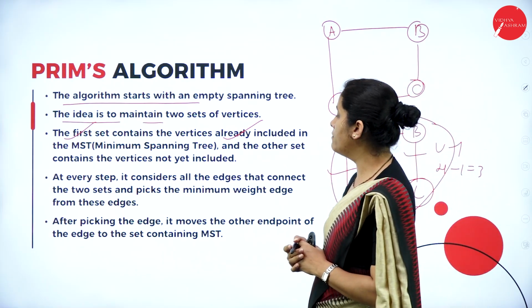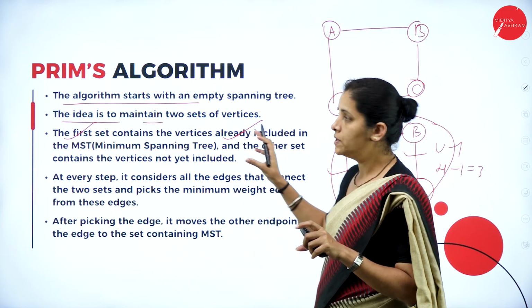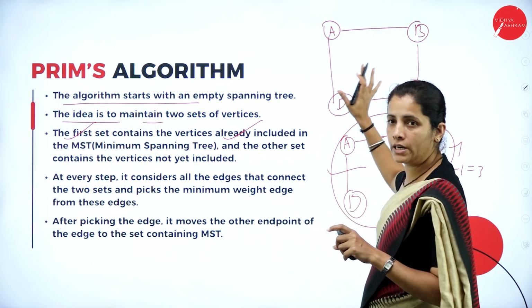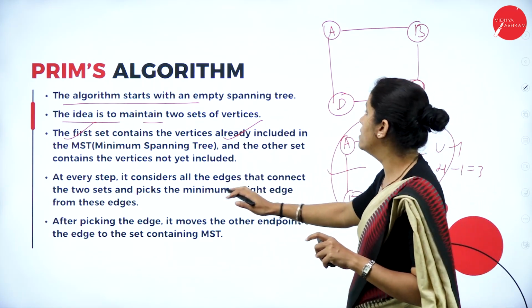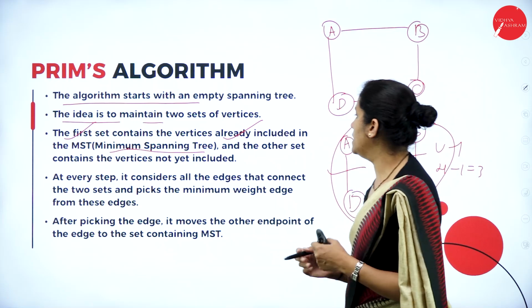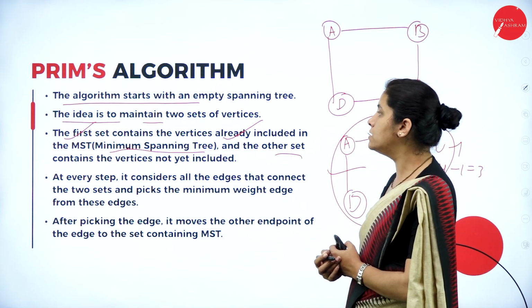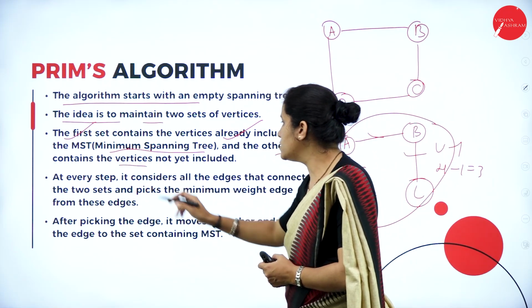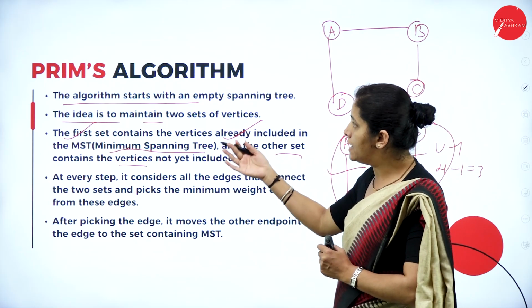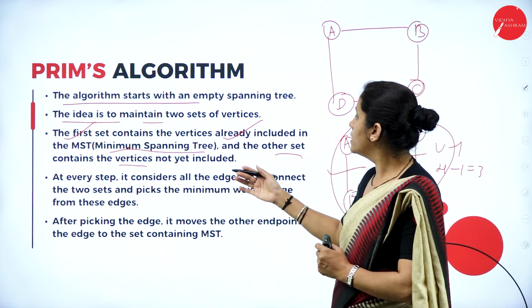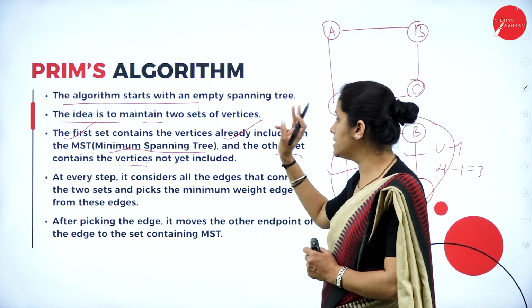First I'll create 2 sets of vertices, one that is already included in my minimum spanning tree, and the other set contains the vertices not yet included. So while applying Prim's algorithm, I want to create the 2 vertex sets.